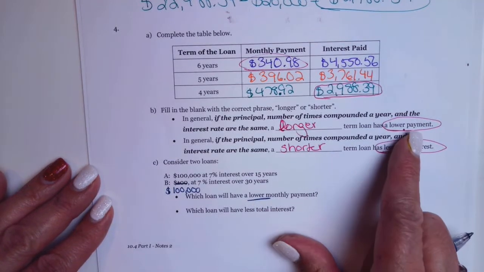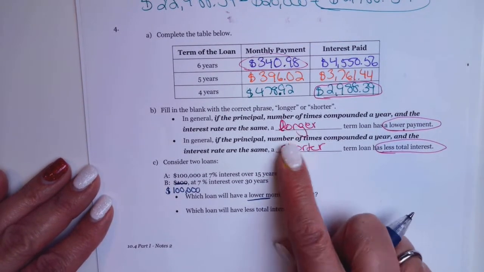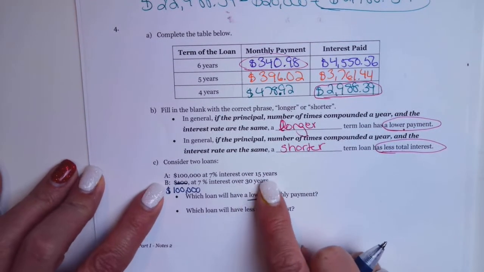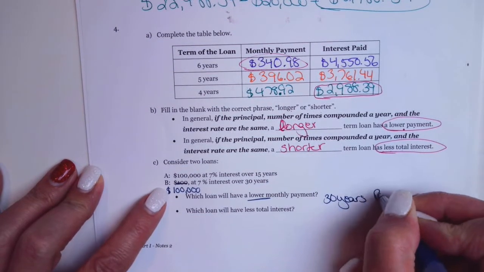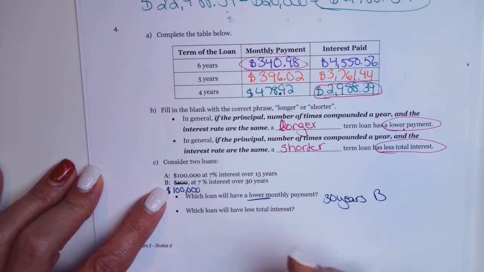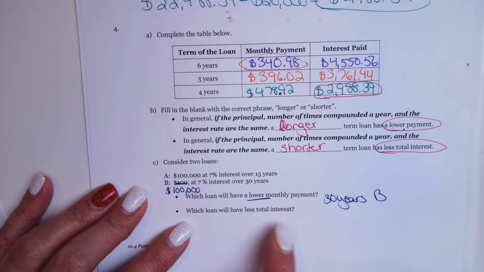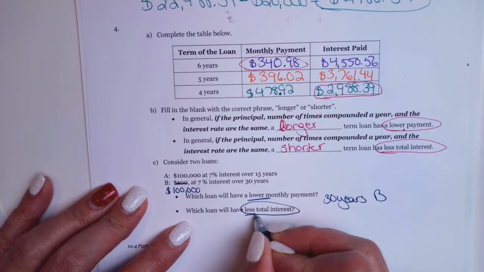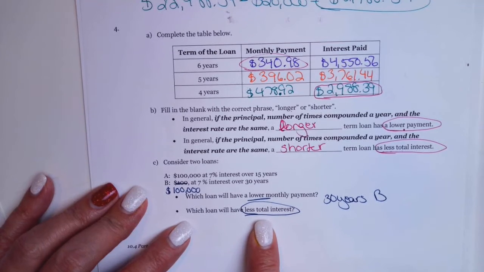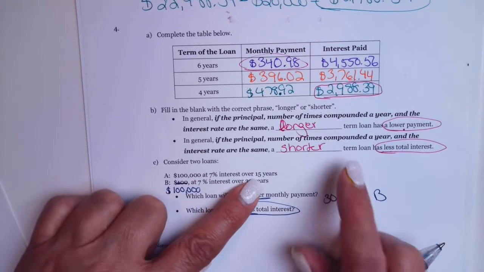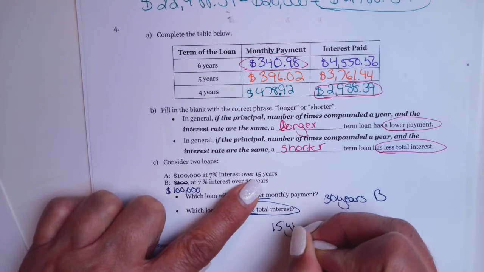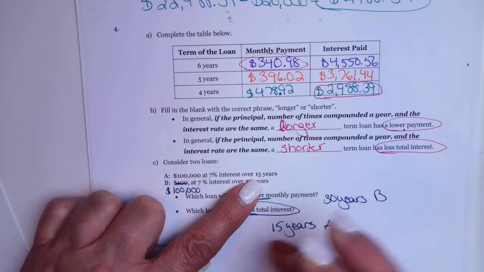The lower monthly payment is the one with the longer term, so it is the 30 years, which would be B. Which loan will have less total interest? Less total interest would be the shorter term loan, so that would be the 15 years, which is A.